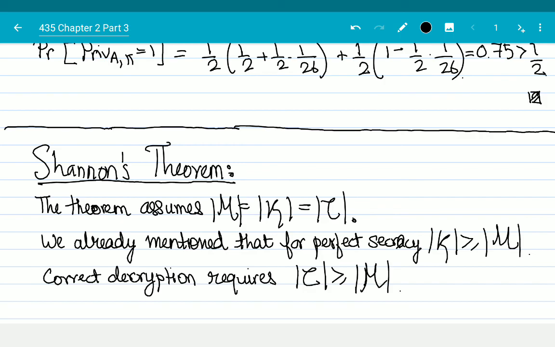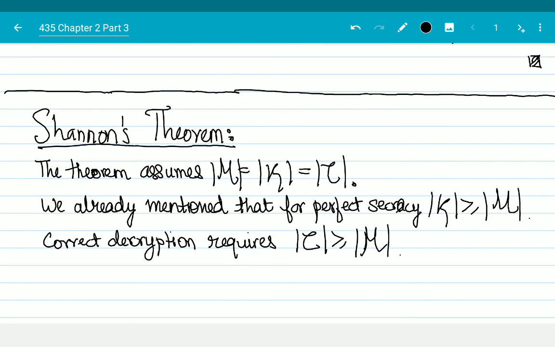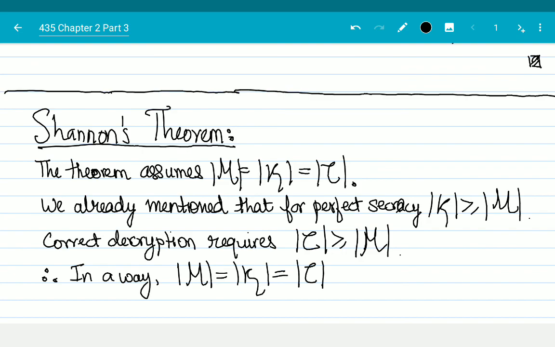Otherwise, if you take two messages and encrypt them, two of them go to the same ciphertext, and then you would not be able to decrypt that ciphertext, right? And therefore, in a way, the message space being equal to the key space being equal to the ciphertext space is optimal. Okay.